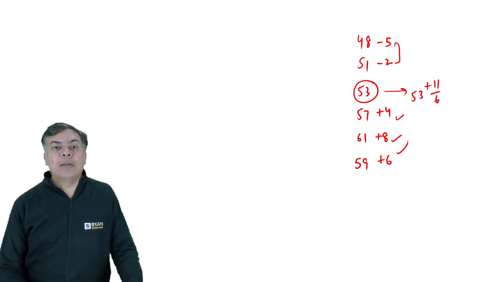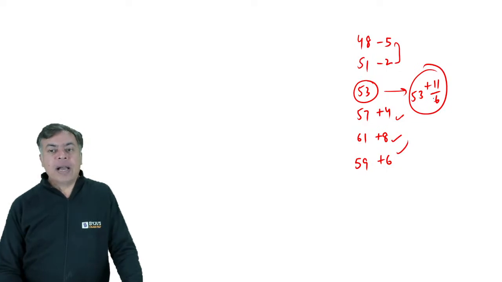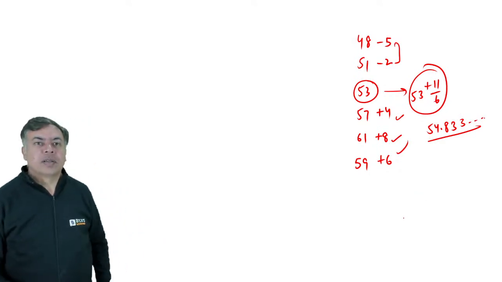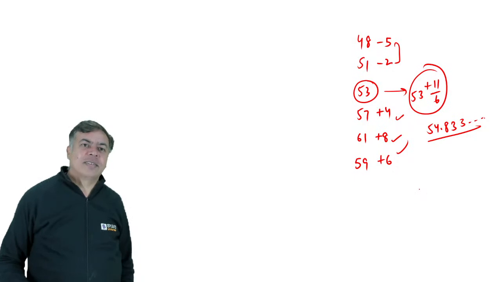So 53 plus 11 by 6 is 53 plus 2 minus 1 by 6. So it will be 54.833. I am writing the exact value. This will be the average.